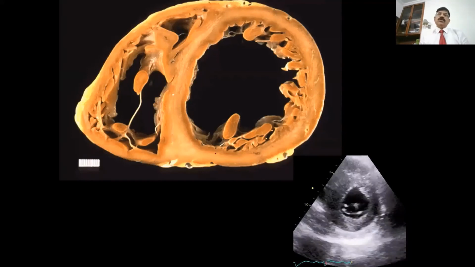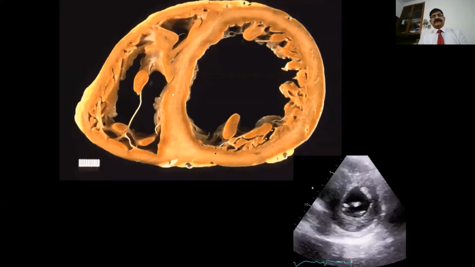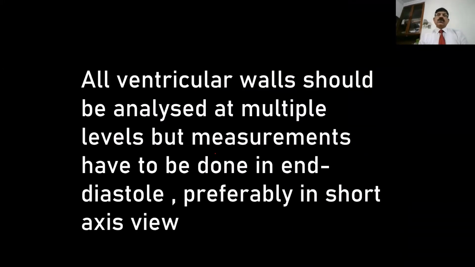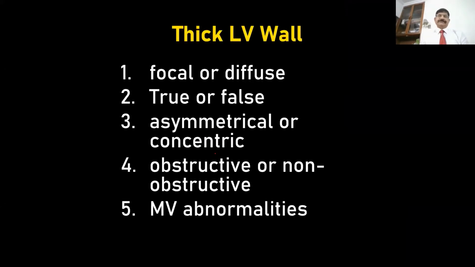That is what is called wall thickness in diastole. So all ventricular walls should be analyzed at multiple levels, but measurements have to be done in end diastole, preferably in short axis view, and by the method I described, which is the ASE recommended method.